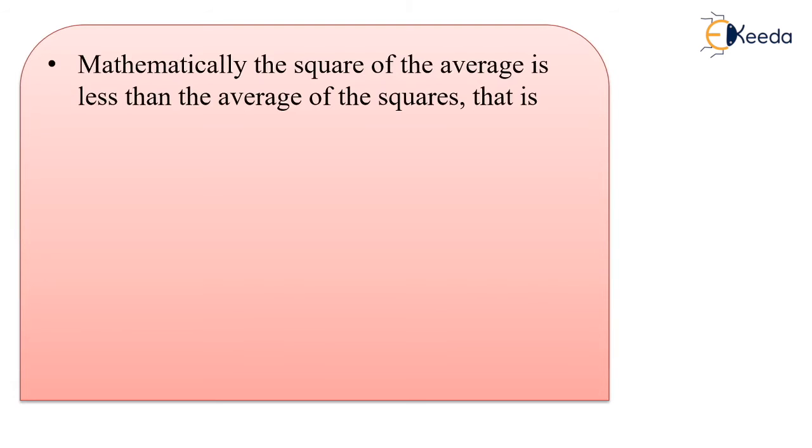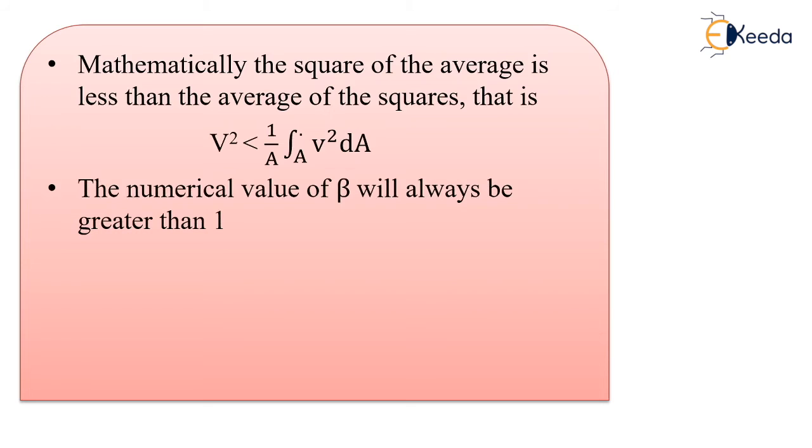Mathematically, the square of the average is less than the average of the squares. See here, mathematically, the square of the average is less than the average of the squares. That is, v square is less than 1 upon A integration of v square into dA. The numerical value of beta will always be greater than 1.